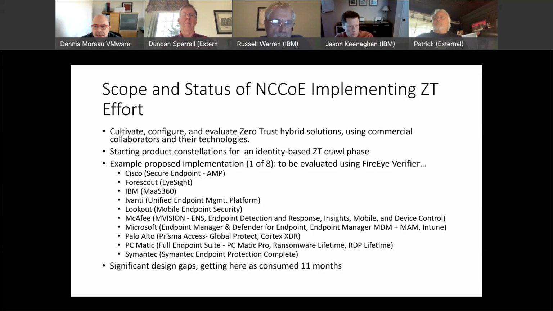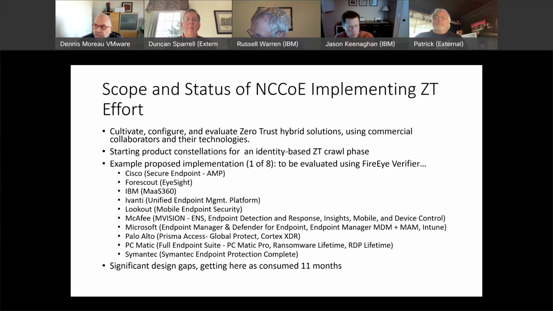They've been running that effort for about 10 months now, and what they've been doing is taking a group of 23 collaborators and their technologies, and beginning to look at how they can be assembled in ways that can be used to create a potential zero trust environment, something conformant to the definition, or as conformant as it can be. The expectation right now is that they're starting in a crawl phase around identity-based zero trust. They know that there's no chance that an identity-centric approach will get to a complete zero trust solution, or at least one conformant to the definition.